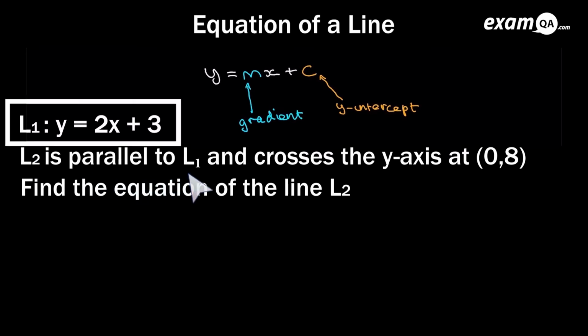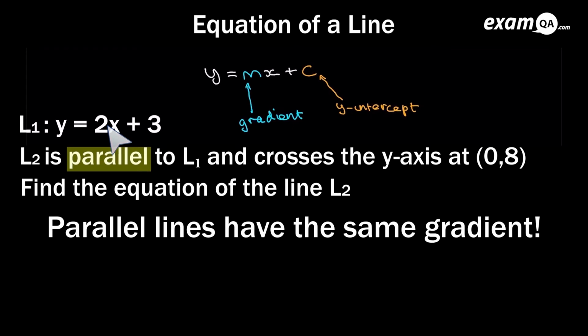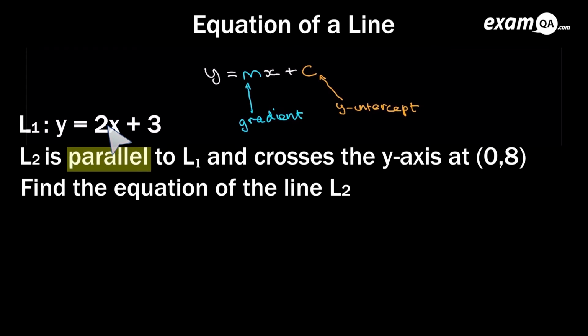Since L1 is written in the form y equals mx plus c, as we like, we can clearly see that the m value here is 2. So the gradient of L1 is 2. Now, since they are parallel, we know that L2's gradient is also 2. And we're not concerned about the y-intercept of L1 because it's just the gradients which have a relationship when we say two lines are parallel.